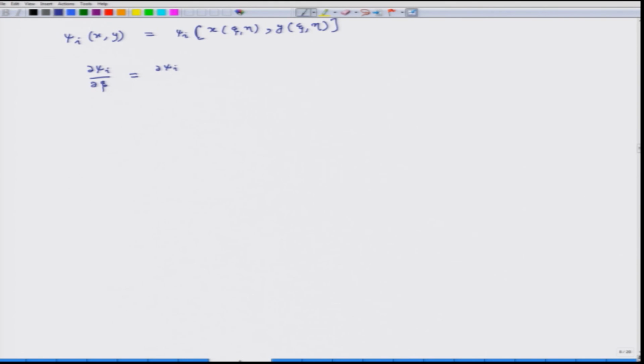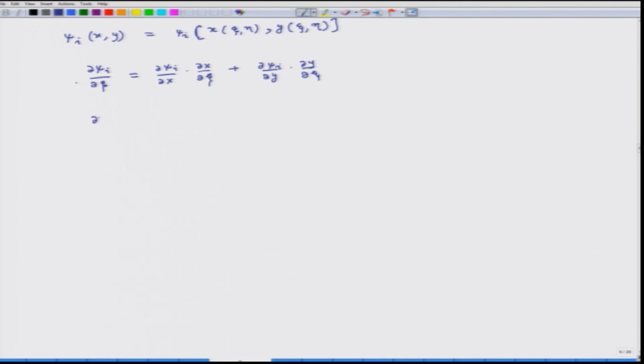So, this is del psi I over del x times del x over del zeta plus del psi I over del y times del y over del zeta. So, I know what is the value of the left side, and on the right side I know some things, I may not know some things, agreed.